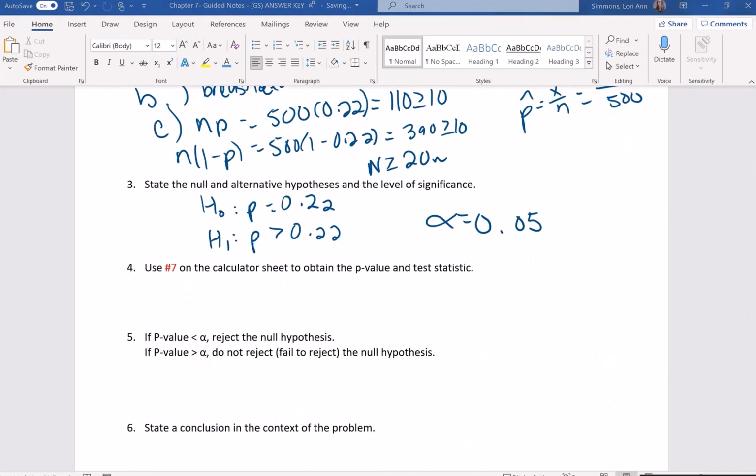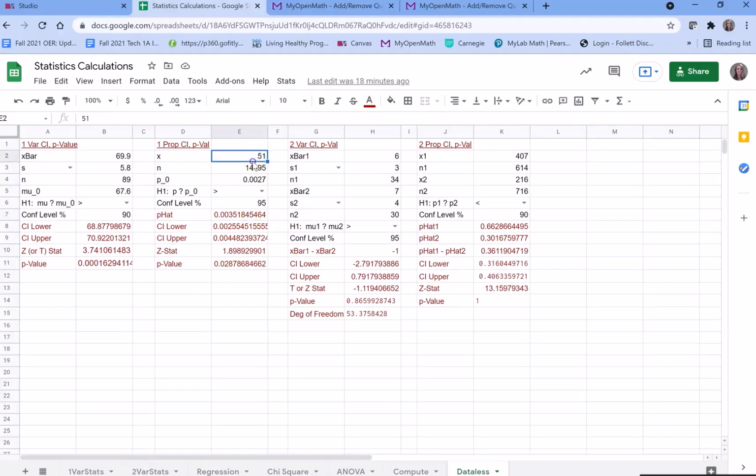Number 7 on the calculator sheet. X we identified as 125, that was breastfeeding. N is 500. 125 divided by 500, P hat is 0.25. And then our parameter for our alternative is 0.22. We're looking for greater than. Our confidence level is still 95. So our test statistic is 1.62.